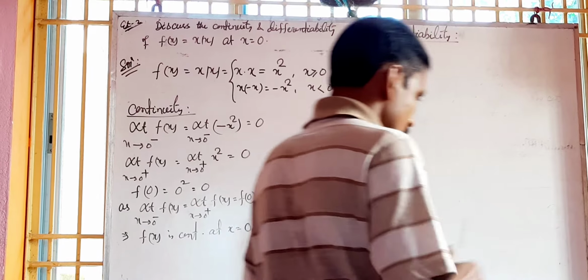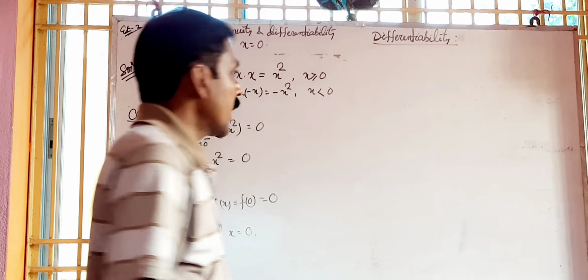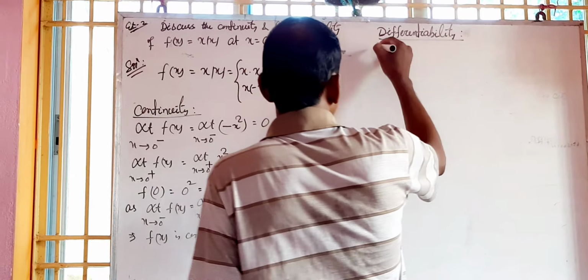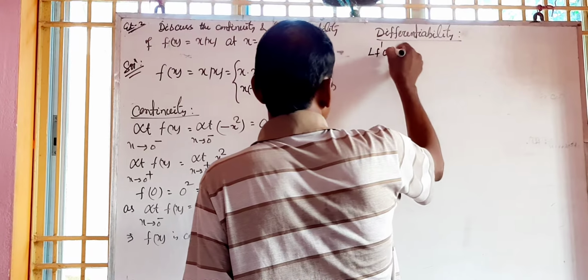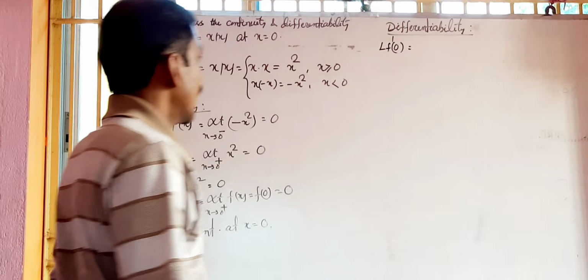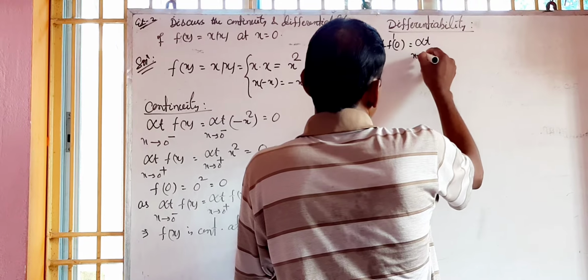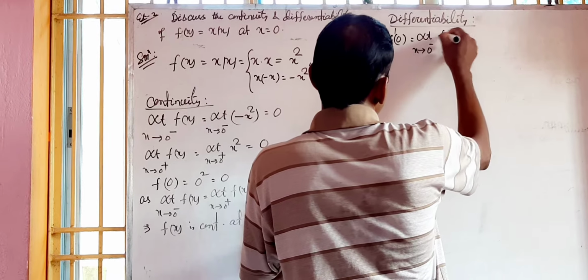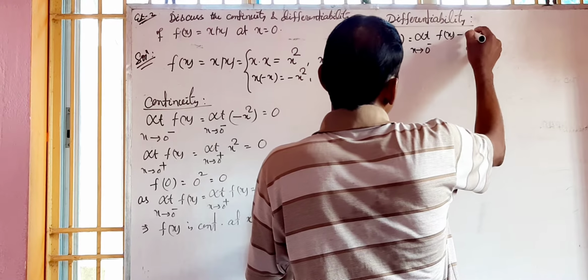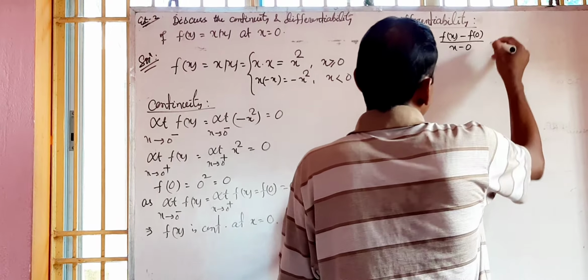Differentiability. What will we take, left hand derivative or right hand derivative? Now L f dash 0 means the limit x tends to 0 minus of f of x minus f of 0 by x minus 0.